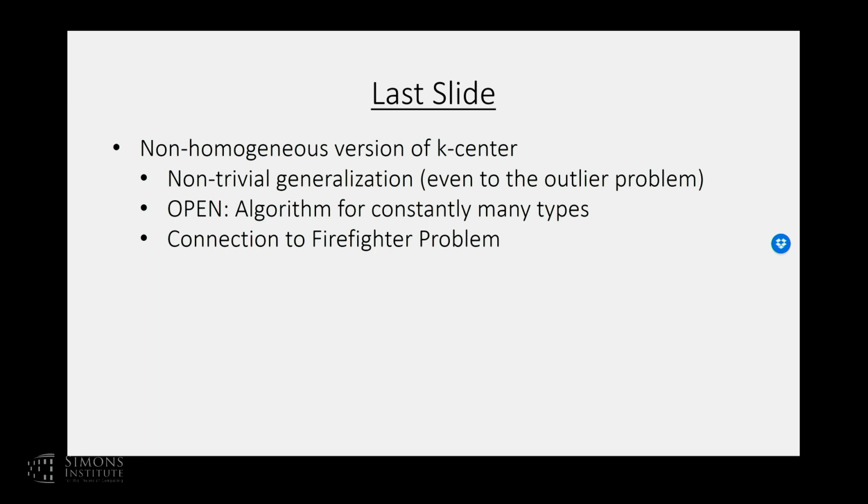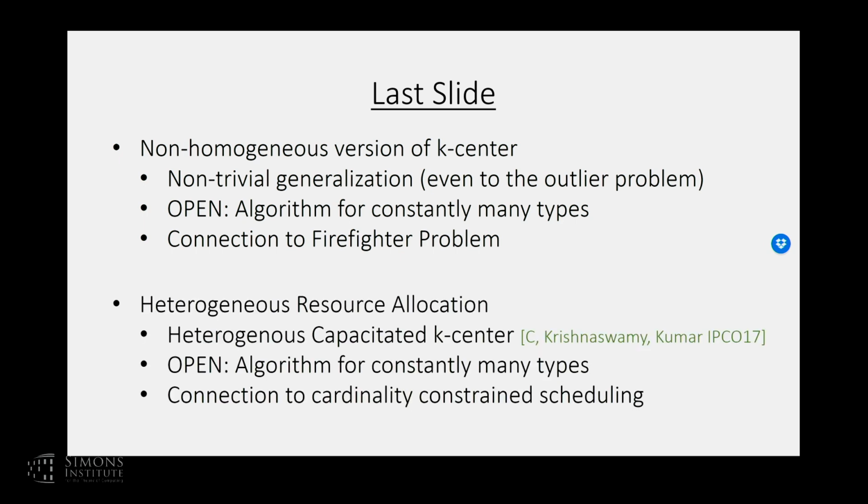Okay, so this is what we saw. We saw a non-homogeneous, non-trivial generalization. Open: an algorithm for constantly many types, with a connection to the firefighter problem. But when you look at these resource allocation problems with different kinds of resources, a similar thing happens. For example, we again looked at the capacitated k-center problem.